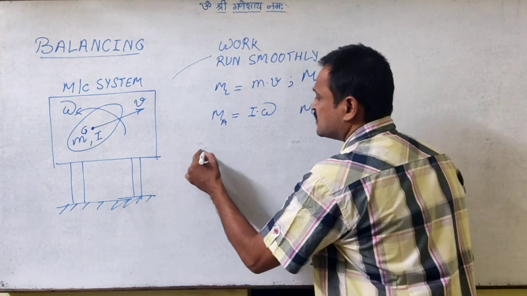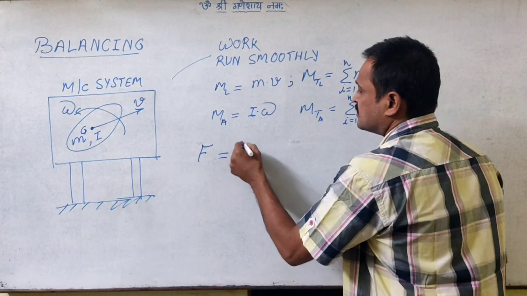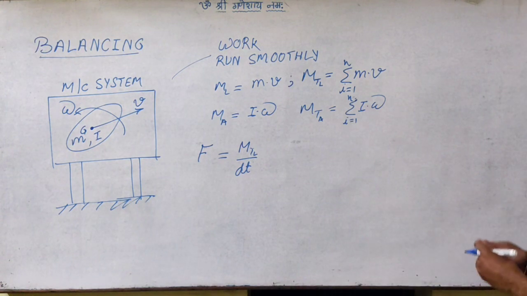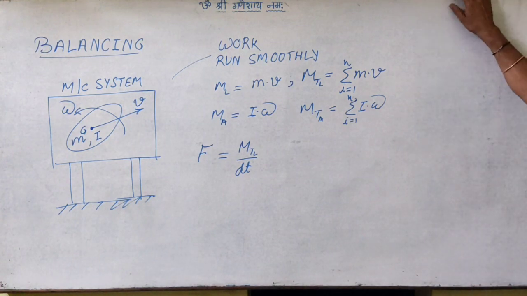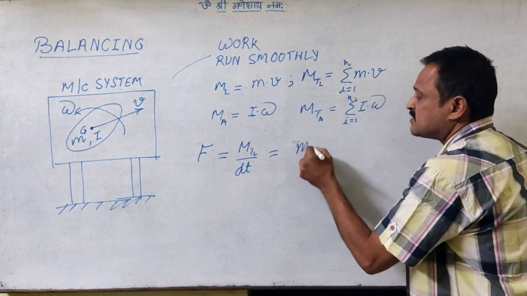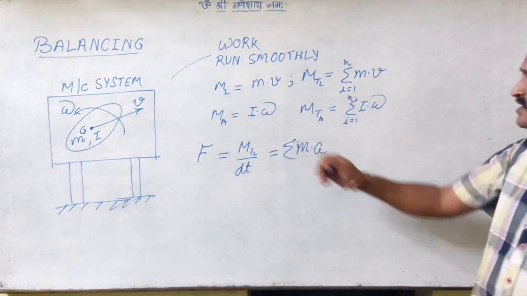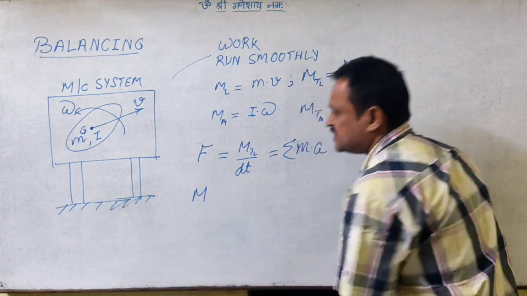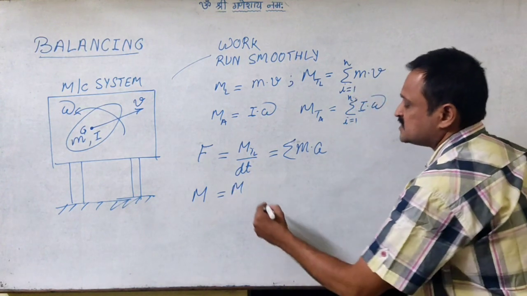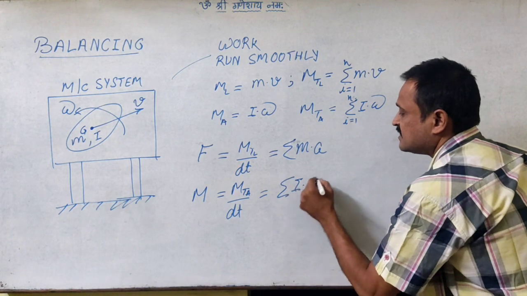So whatever this inertia force will be, that will be the rate of change of linear momentum, which is equal to the mass into the acceleration, or the summation. And similarly, a moment will be there in the system which will be the rate of change of angular momentum, which is I into alpha.